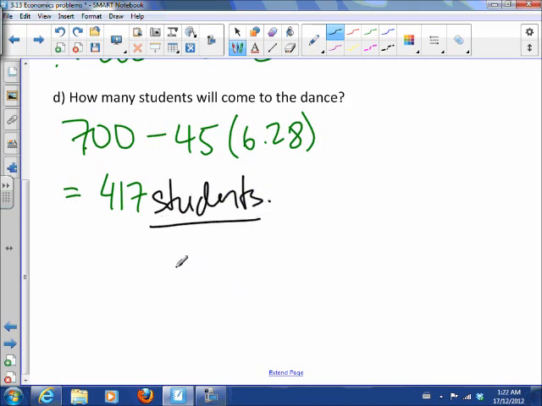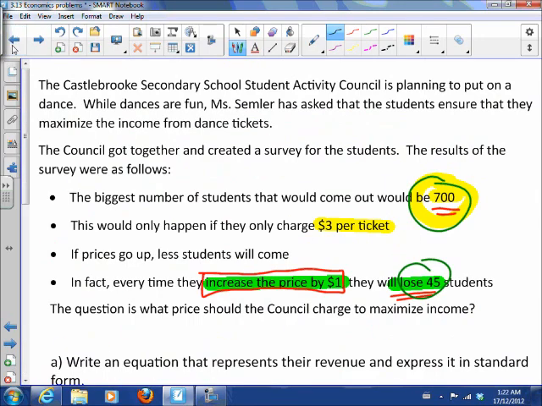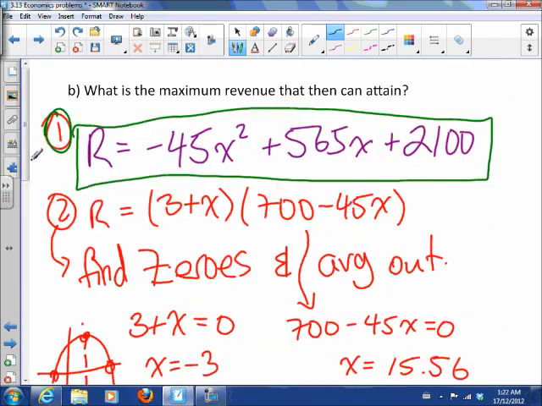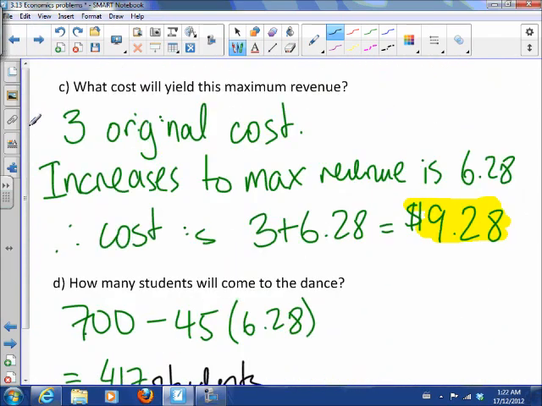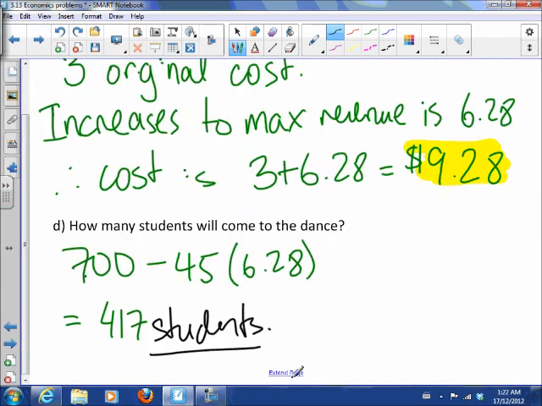Okay, so see how we've very quickly analyzed the entire problem, right? We were able to make an equation, and then use that equation to find the maximum, to find the number of students, and to find the cost.